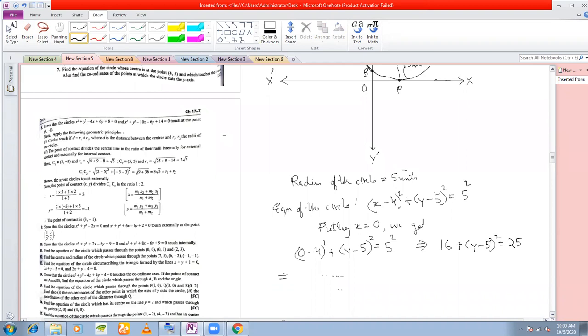That means y minus 5 whole square is equal to 25 minus 16, which is 9. So y minus 5 is equal to plus or minus 3.